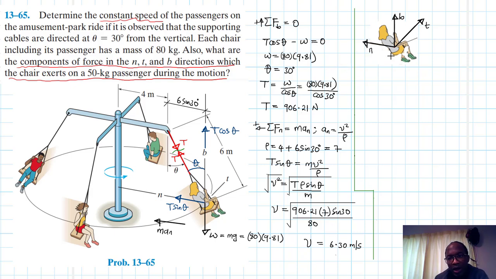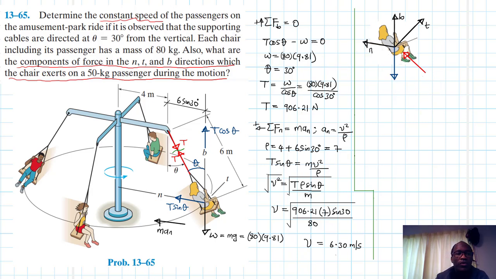Then we do have the weight, like so, and then we have the normal force. Okay, that's a normal force.